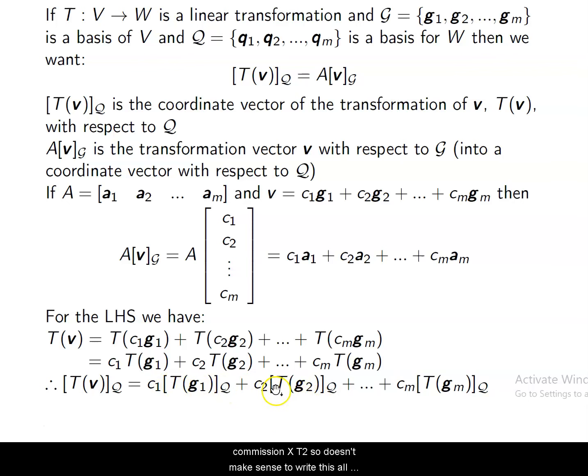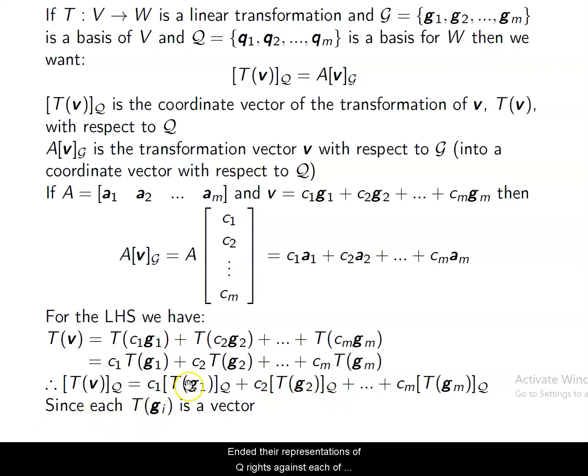So it doesn't make sense to write this all out right now because it's not what we need. Really what we need is just that if T of V is C1 times the transformation of G1 plus C2 times the transformation of G2 plus so forth, in order to write this as a representation under Q, I just need to write these individual pieces under their representations of Q, right?